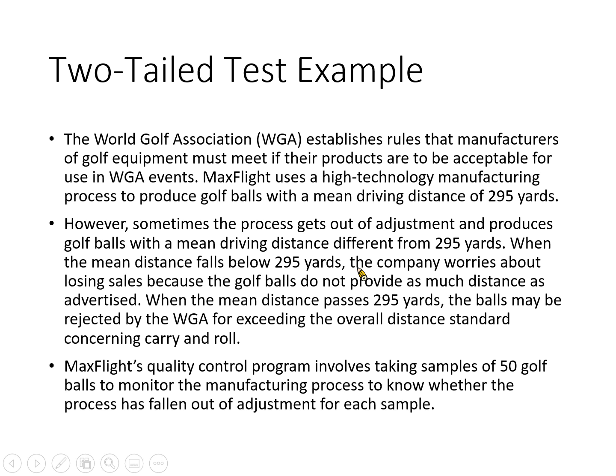They need to check whether they meet the WGA expectation. If not, they will launch the quality control program. So today they take a sample of 50 golf balls to monitor whether the manufacturing process should be adjusted or not.